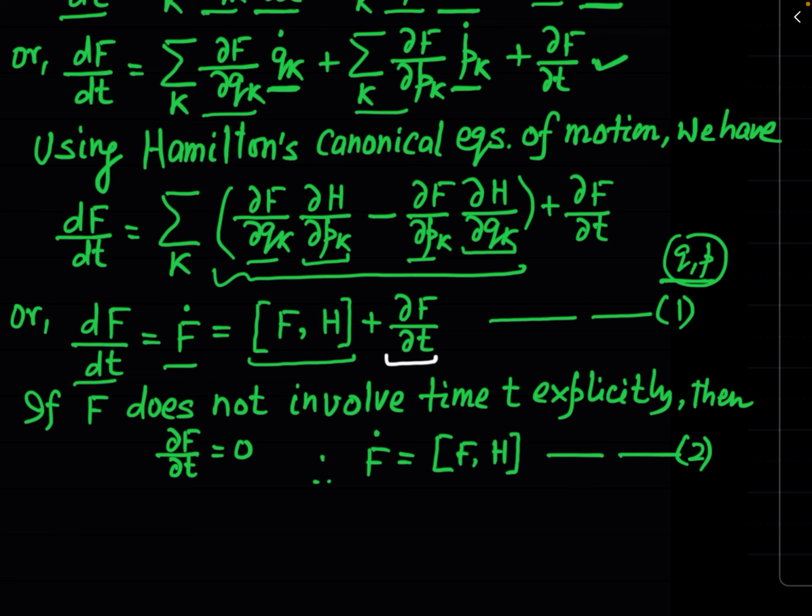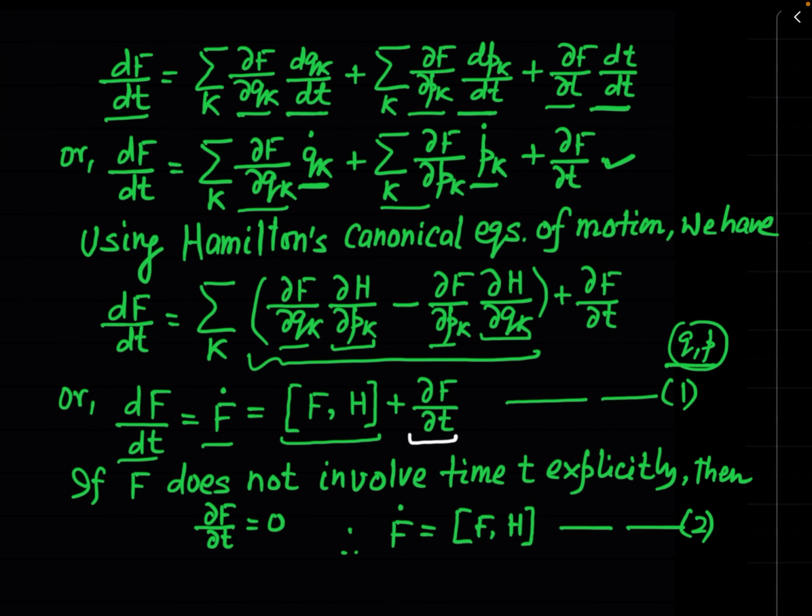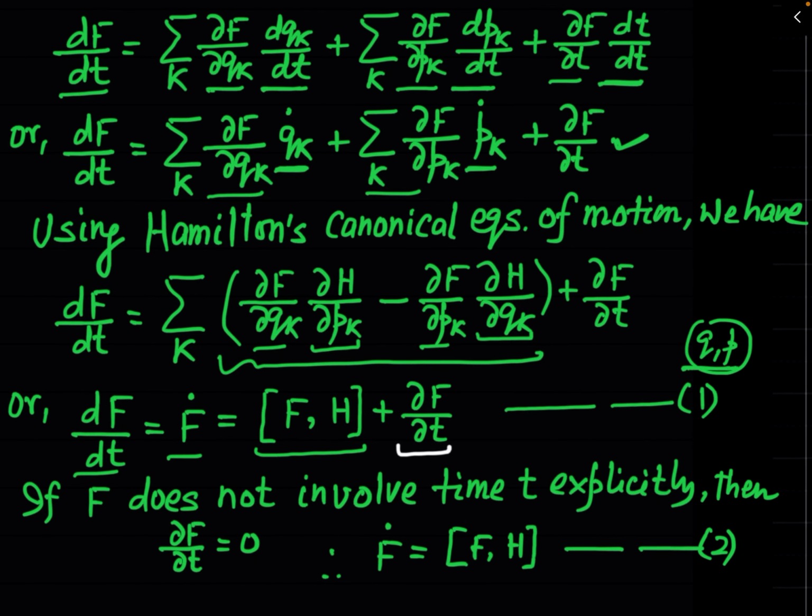But if you consider that f does not involve the variable t explicitly, in other words, that f is not an explicit function of time, then in that condition del f by del t will be equal to 0.